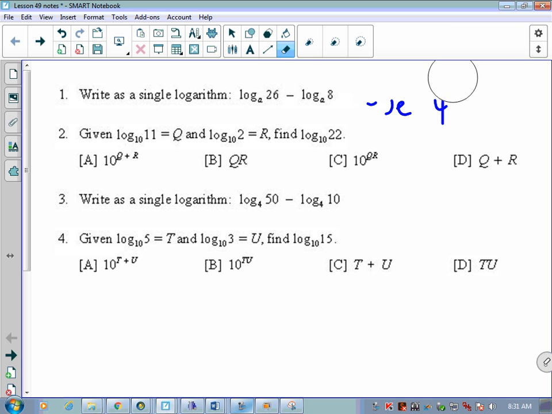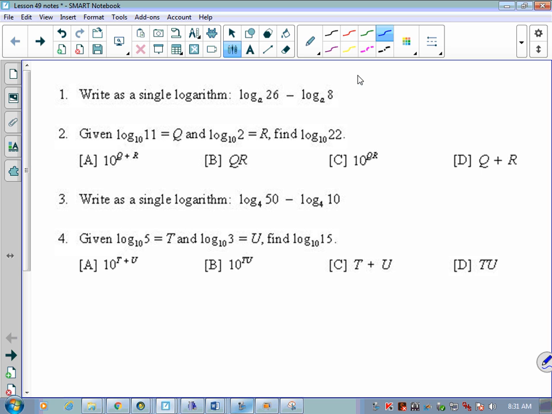All right. So on this next section, it says, given the fact that Q equals log base 10 of 11 and R equals log base 10 of 2, we want to know what variable combinations are going to cause me to get log base 10 of 22. Would I subtract Q and R, or would I add Q and R, or would it be Q times R?